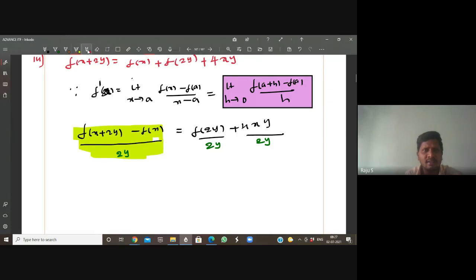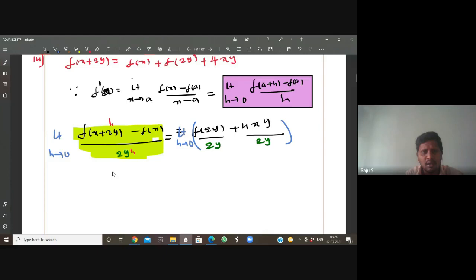When I consider 2y as h, we get f of a plus h minus f of a by h. Now what about the limit here? Limit h tends to 0 is there. So on both sides we take limit h tends to 0. The right side also has limit h tends to 0.